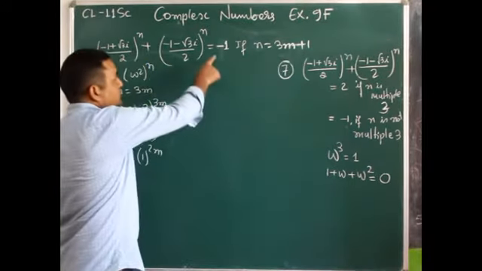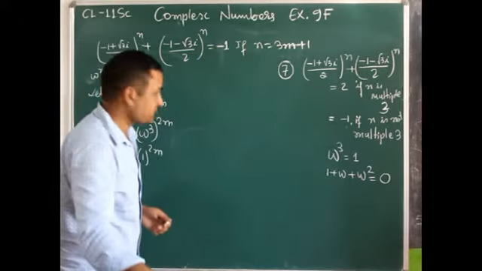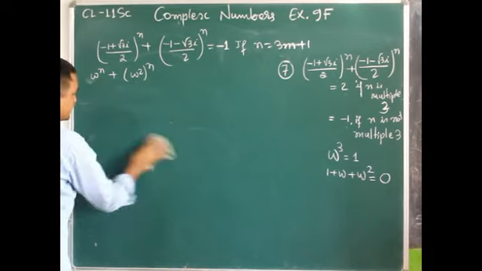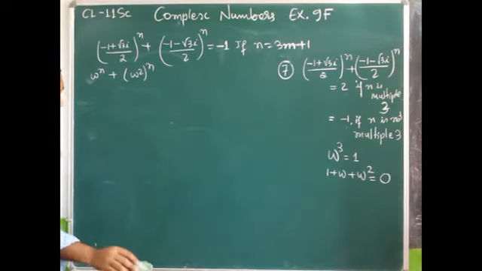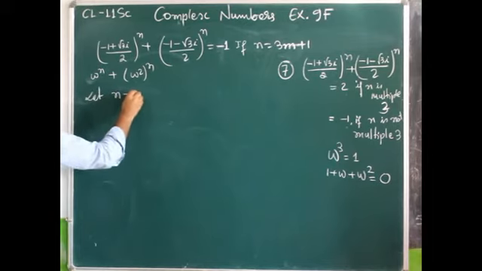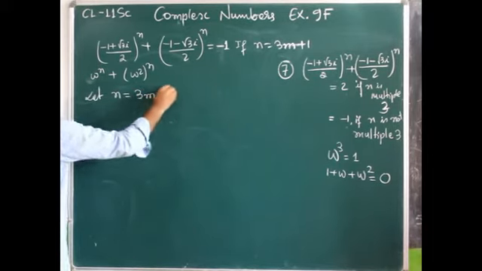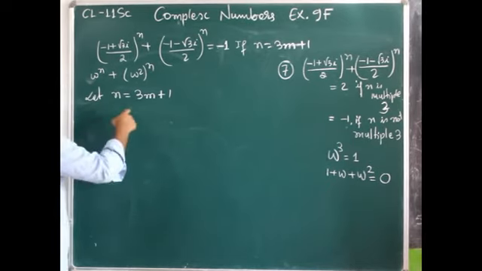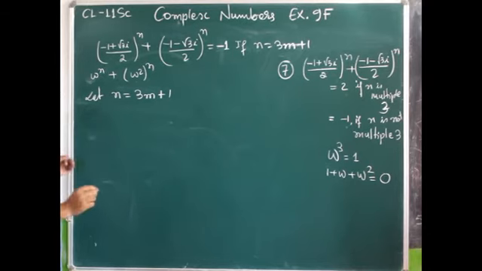In that case, we have to show this equals minus 1. Now let n equal 3m plus 1. That means it is not a multiple of 3. If it is a multiple of 3, then don't write the plus 1. If it is not a multiple of 3, then write the plus 1 or plus 2.